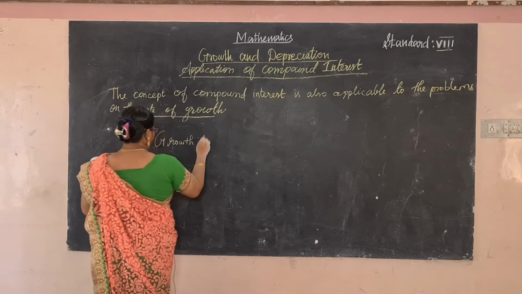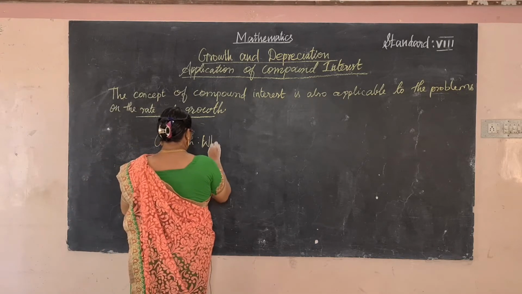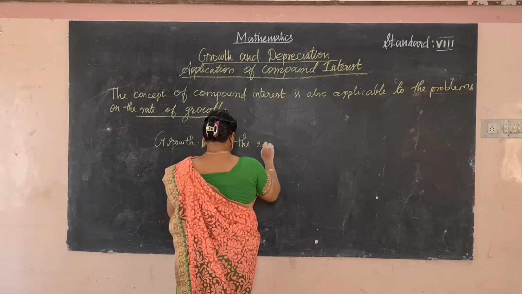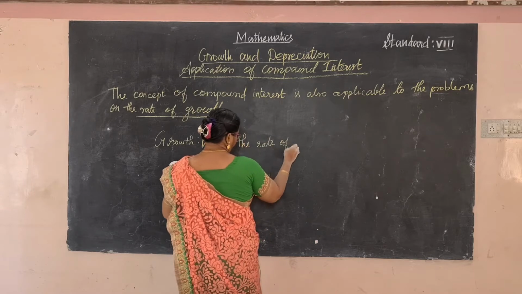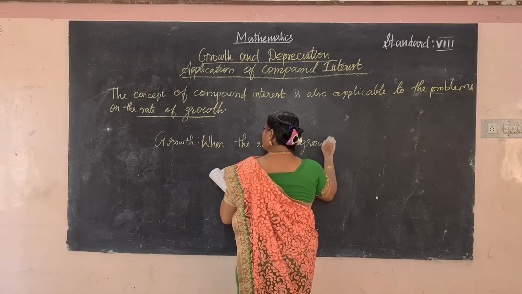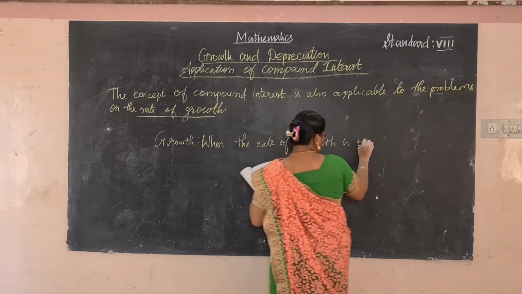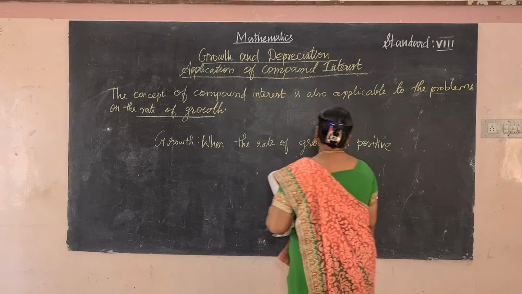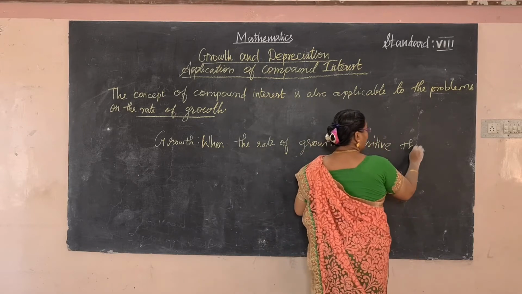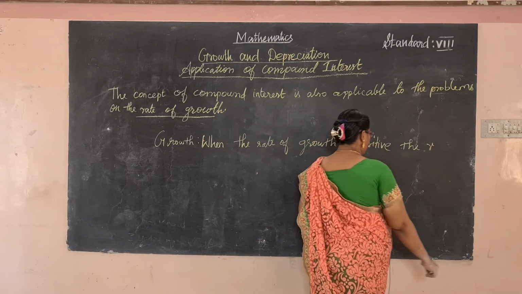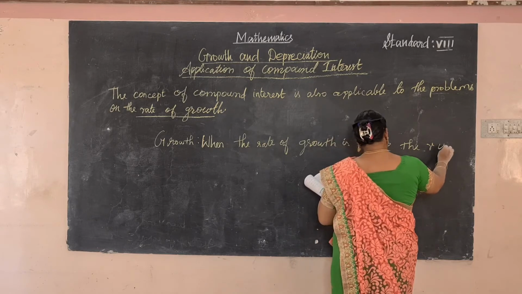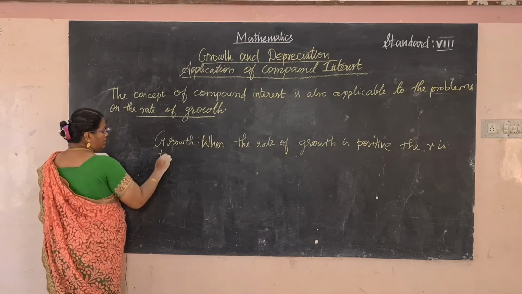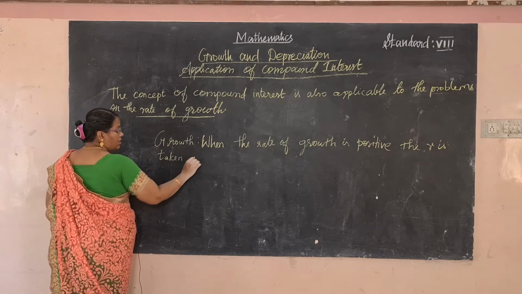When the rate of growth is positive, then R is taken as positive.